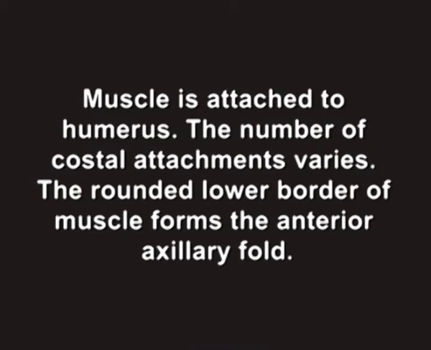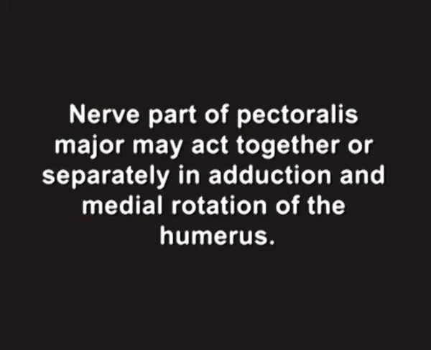Muscle is attached to humerus. The number of costal attachments varies. The rounded lower border of muscle forms the anterior axillary fold. Both parts of pectoralis major may act together or separately in adduction and medial rotation of the humerus.